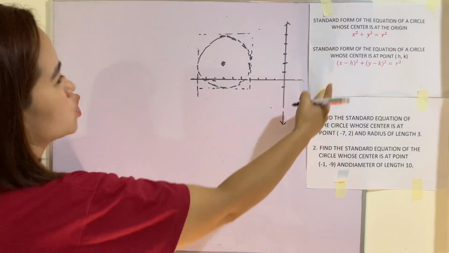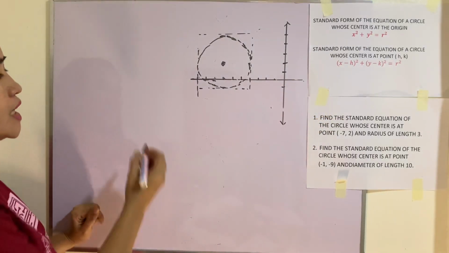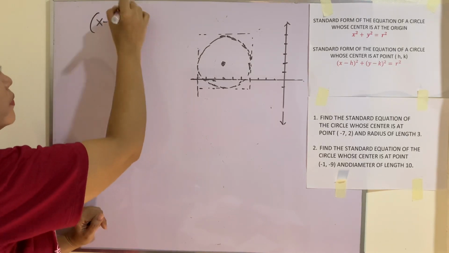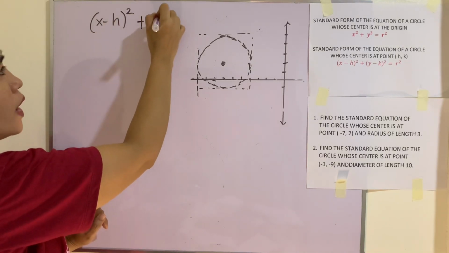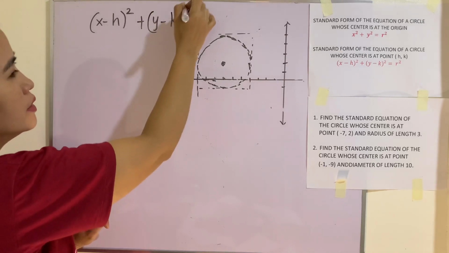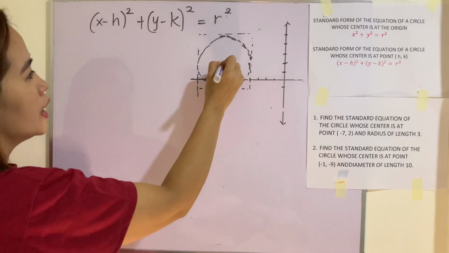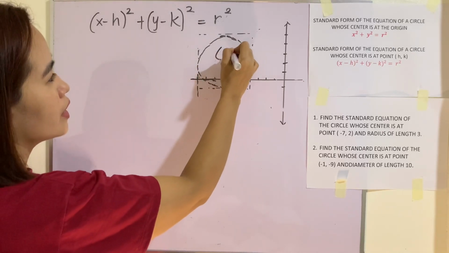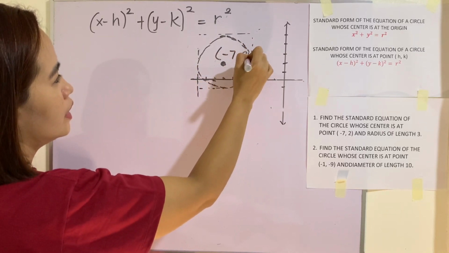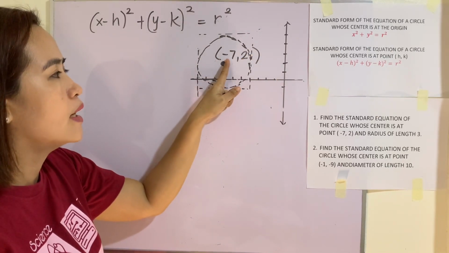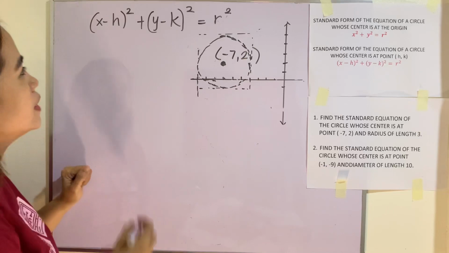To get the equation, we will be using, of course, the second formula. So that is (x minus h) squared plus (y minus k) squared is equal to r squared. Your h here is, of course, -7, and your k here is 2. So meaning your h is the x coordinate and your k is the y coordinate.